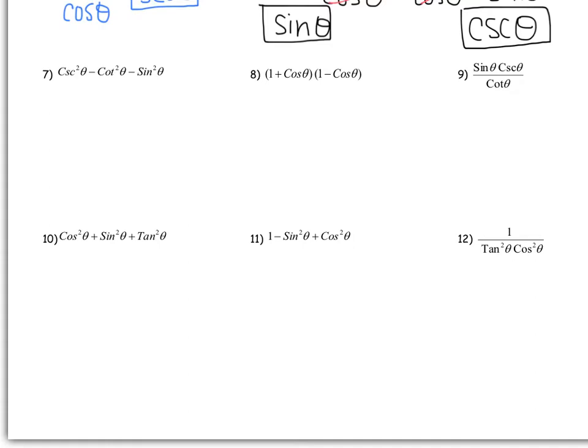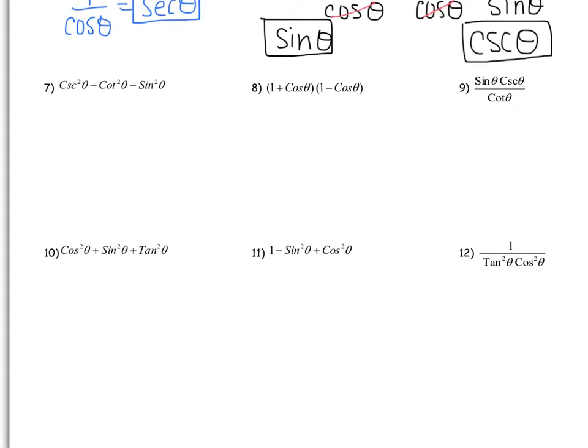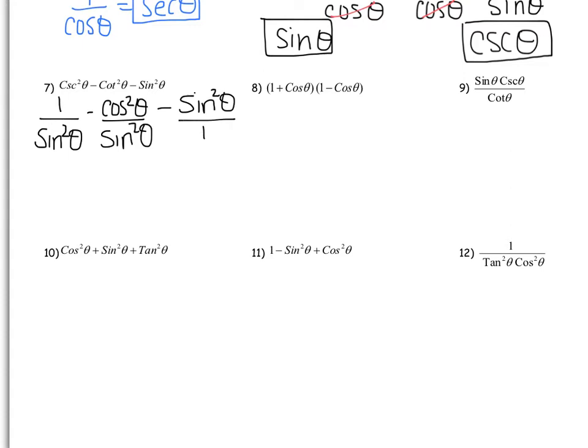Alright, let's try example number 7. Cosecant squared theta is the same thing as saying 1 over sine squared theta. Remember, we can square them. And then cotangent squared is cosine squared over sine squared. And then sine squared is just sine squared, or sine squared over 1.